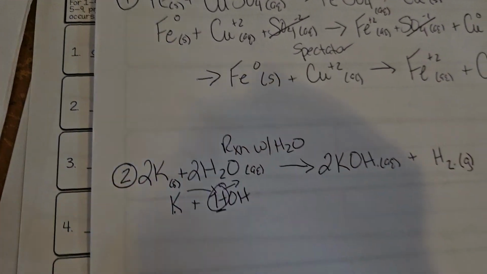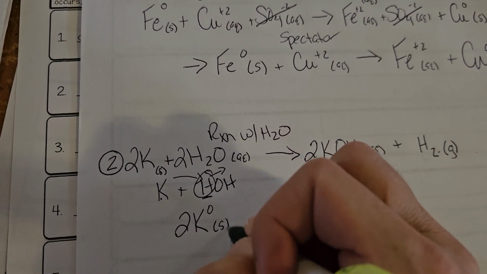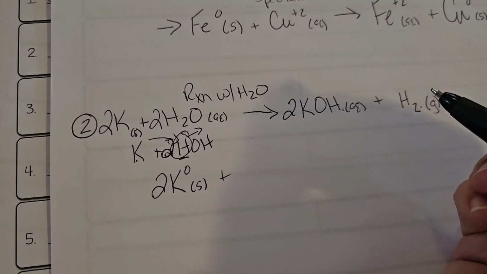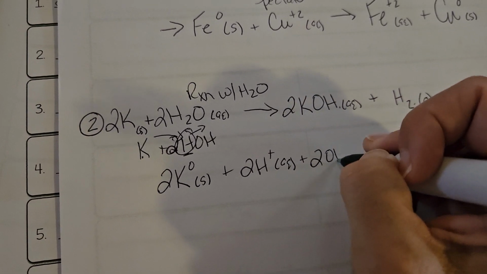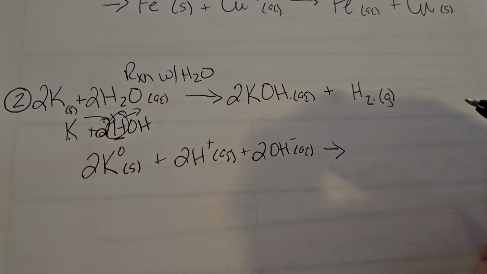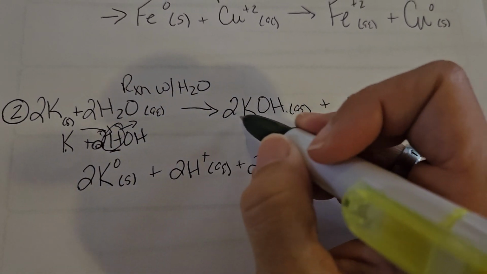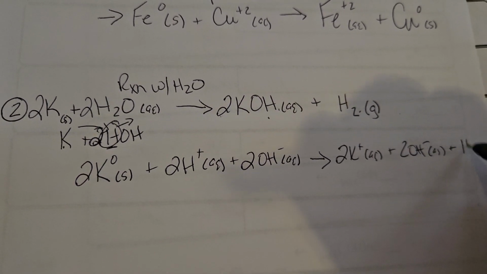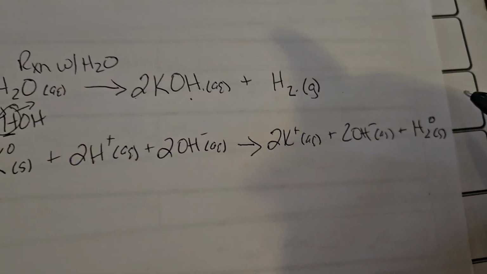All right, so then as far as our ionic, we have 2 K solid, so that's with a 0 charge. And then remember, this is 2 HOH, really, we rewrote it. So this is 2 H pluses aqueous and 2 OH minus aqueous. Then that's going to yield 2 K plus aqueous and 2 OH minus aqueous, and then hydrogen gas, which is as one piece like a solid, so it's got a charge of 0.